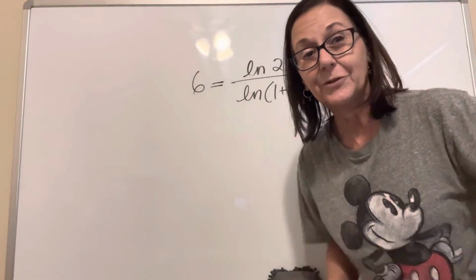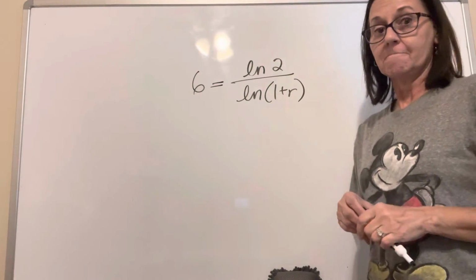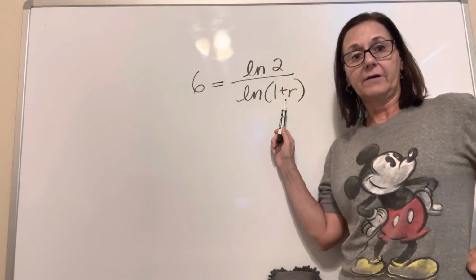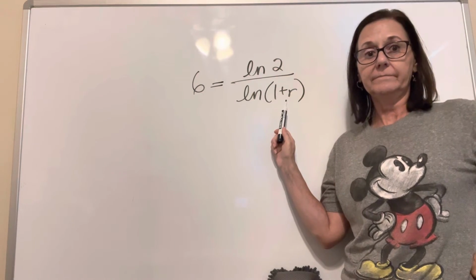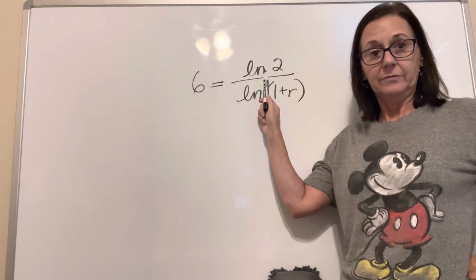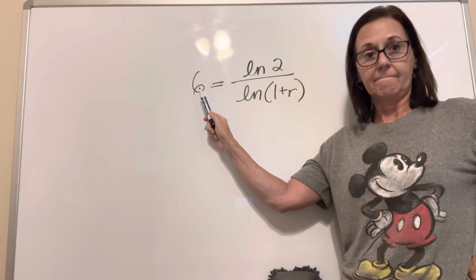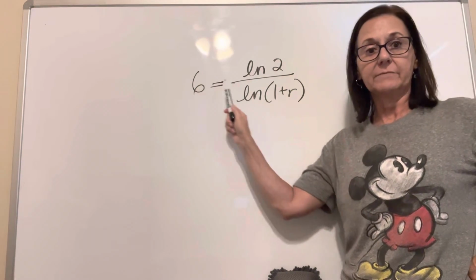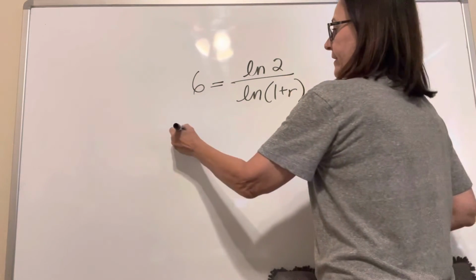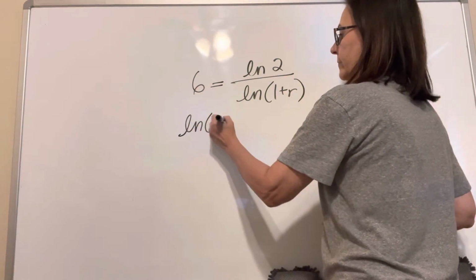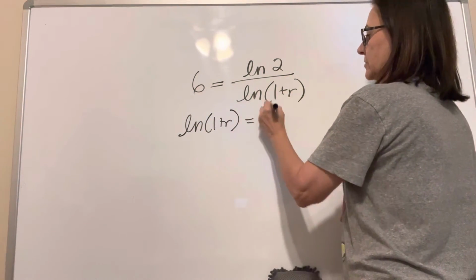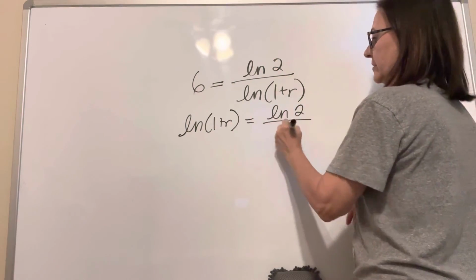Okay, if you remember, like I've taught you, the variable's in the denominator here. This is a real number. We can put in our calculators. This is a real number. I can swap my extremes. So I can say the ln of 1 plus r equals the ln of 2 over 6.